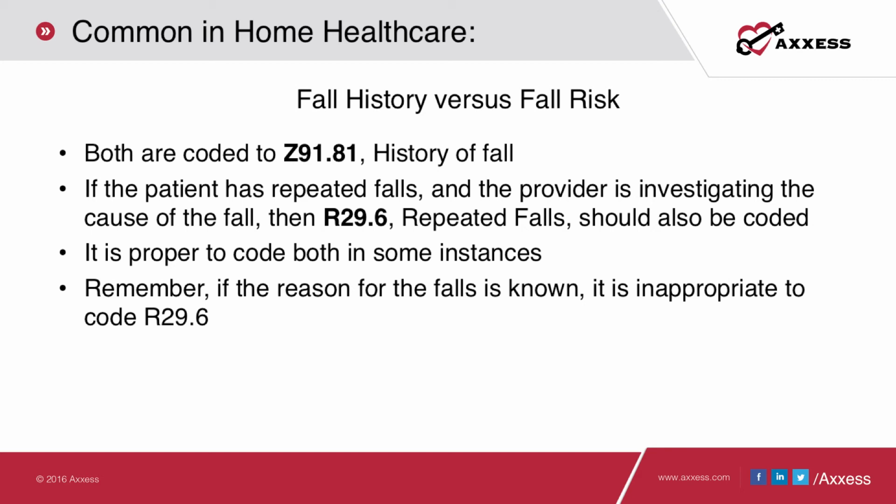And to me, the guidance, as you see here on the slide, says if the provider is investigating the cause of the fall and the reason for the fall is unknown, you use R29.6. But the Coding Clinic, for whatever reason, did go ahead and code R29.6 in a patient who had Parkinson's. So I will be looking for some clarification. And of course, in the future, we'll be doing quarterly updates, so if I find out clarification on that, I will make sure that we include that in our quarterly updates for you.